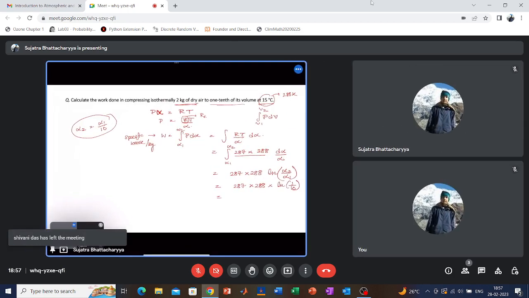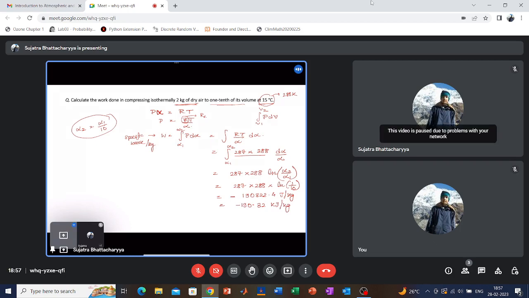So 287 into 288, if you calculate this entire thing, it will be negative 19322.4 joules per kg. So this will be minus 193.22 kilojoules per kg, just 10 to the power minus 3 we have taken.